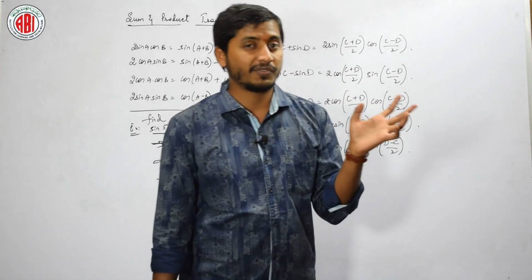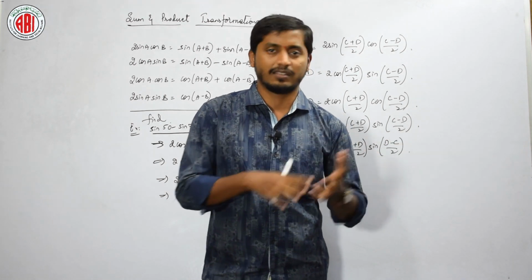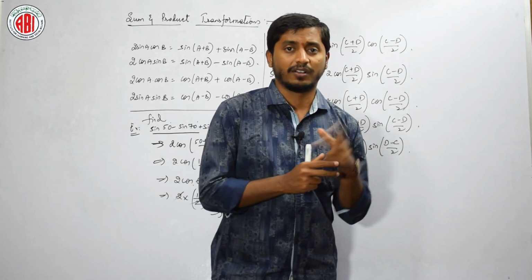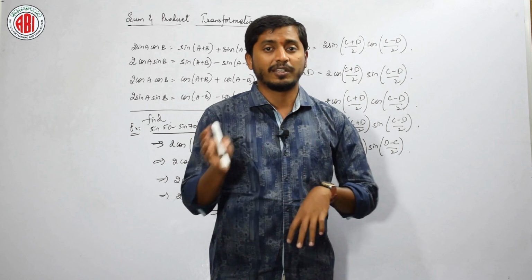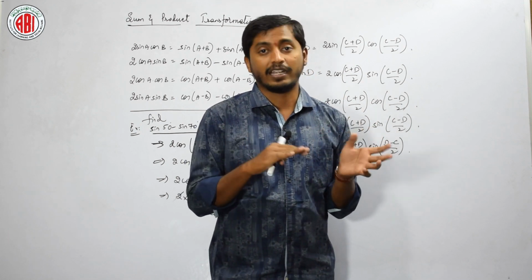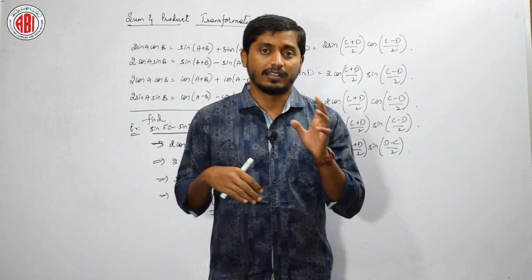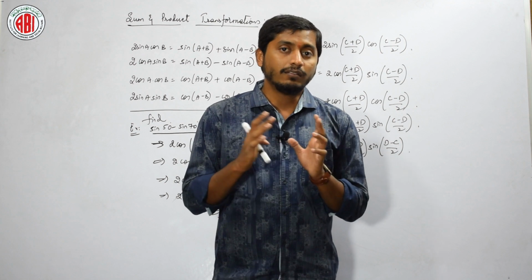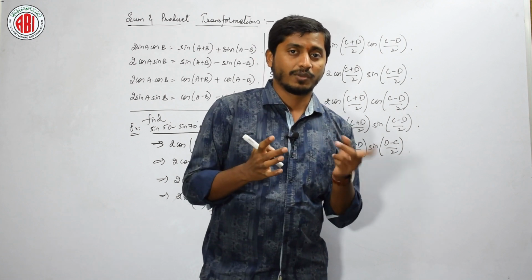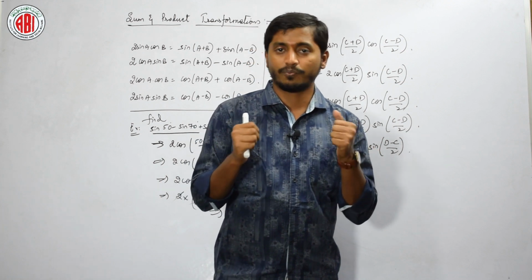What are the different formulas we have to remember, starting from sine as opposite by hypotenuse, all such kinds, and the values up to 90, then transforming into multiple angles, that is 90 minus theta, 90 plus theta, 180 minus theta, 180 plus theta, isn't it? Such kind of things. After that, identities: sine square plus cos square is 1, secant square minus tan square is 1, cosecant square minus cot square is also 1.